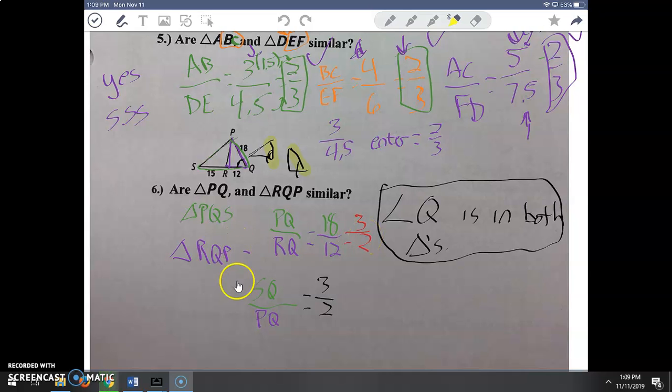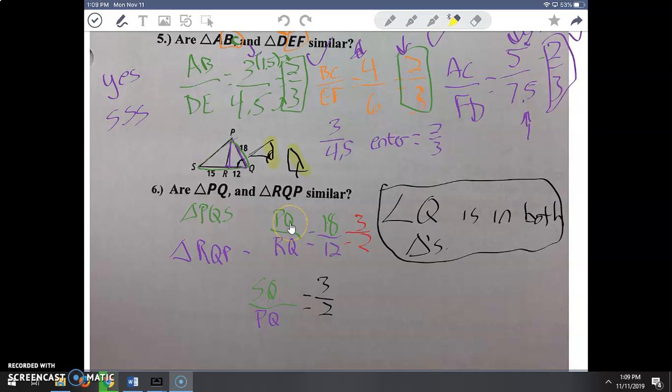So then I look at SQ and PQ. Then I set that as a proportion, one over the other, and notice too, the green one I put on top, the purple one I put on bottom. I showed that just to show you guys that I'm keeping it the same: the green on top, purple on bottom, because you have to make sure they match.